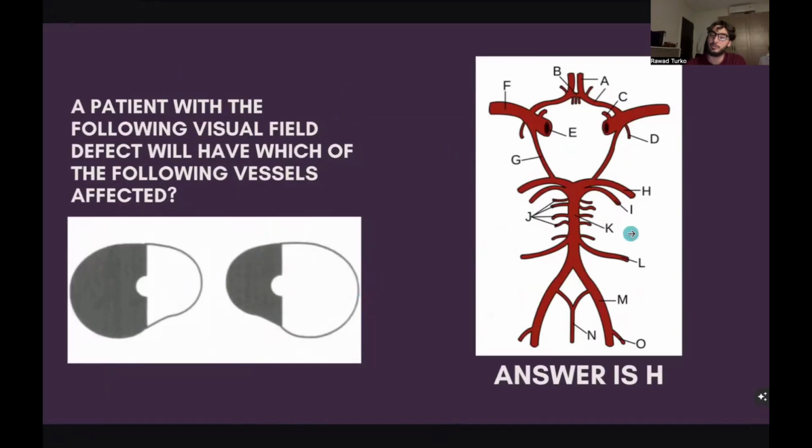Again, because the posterior cerebral artery eventually is going to supply the entire occipital lobe, and I told you the macula specifically has dual supply, also from the MCA. So if you have a lesion at the occipital lobe, you're going to have contralateral homonymous hemianopia with macular sparing. Okay, perfect. We're going to take a short break, inshallah, then we're going to continue the rest of these slides.